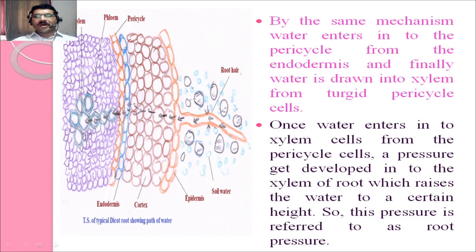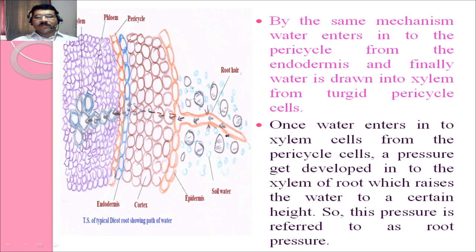Now the osmotic pressure of this cortical cell decreases, and the osmotic pressure of the next cell is higher than that of this cortical cell, so it draws water from the first cortical cell. In this way, water is first drawn from the soil by the root hair cells, then by the first cortical cell, the second cortical cell, the third cortical cell, and by the same phenomenon of osmosis, water reaches up to the endodermal cells.